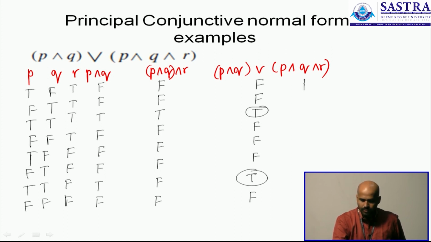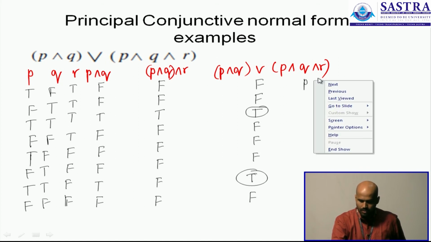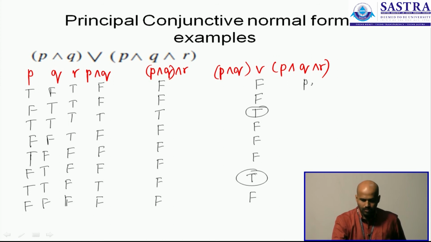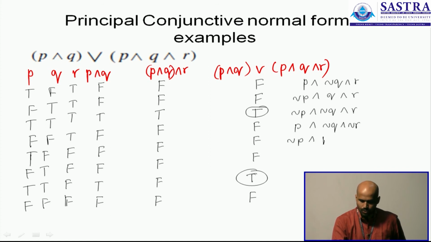TFT is P, conjunction, negation Q and R. Number 2 is negation P, conjunction Q and conjunction R. Number 4 is negation P, negation Q and R. Number 5 is P, conjunction, negation Q, conjunction, negation R. Number 6 is negation P, conjunction Q, conjunction, negation R. And the last row, all 3 are in negation.